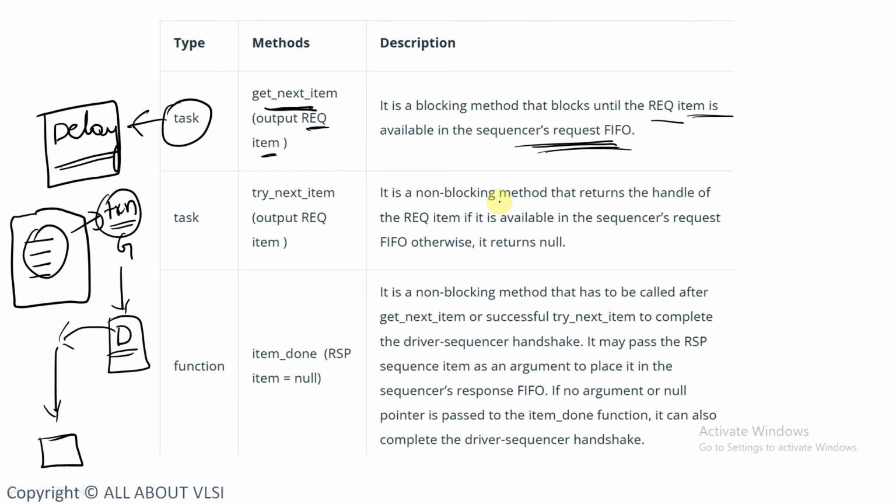Now next, coming to try_next_item. It is a non-blocking method that is going to return the handle of the REQ item if it is available in the sequencer's request FIFO, otherwise it is going to return null.